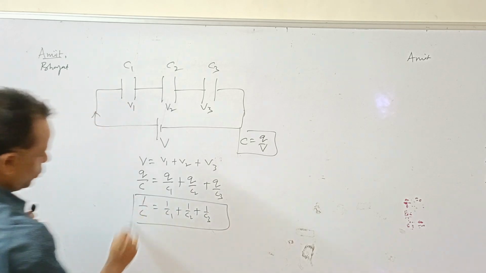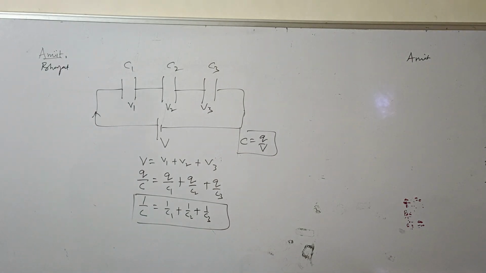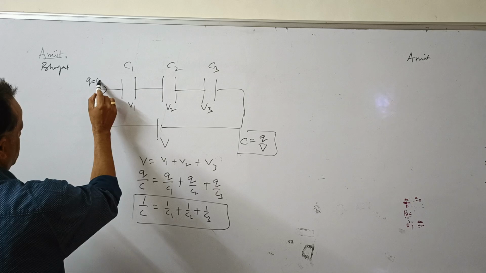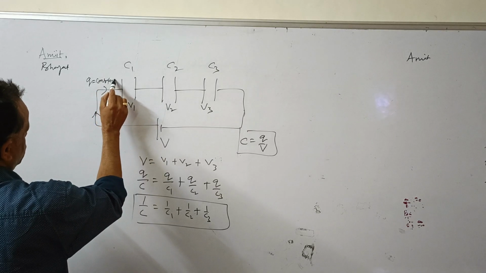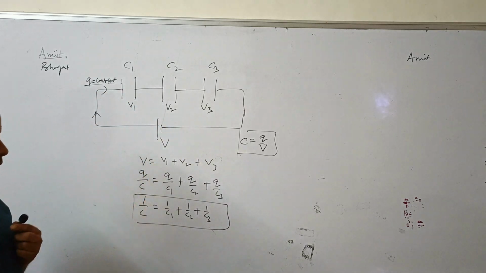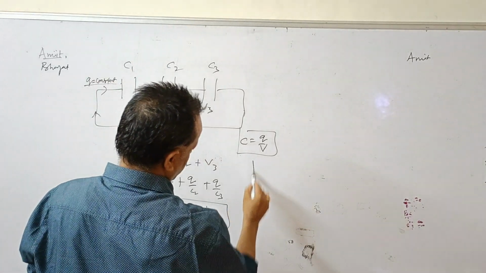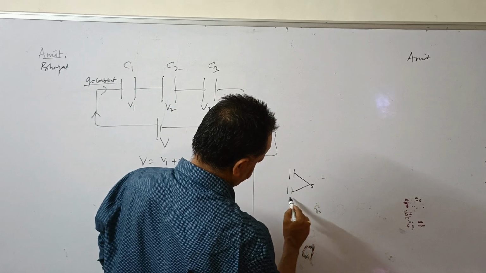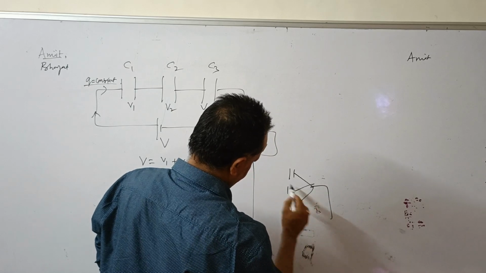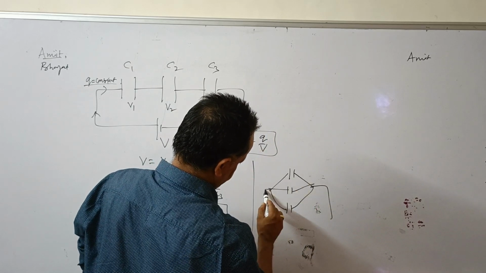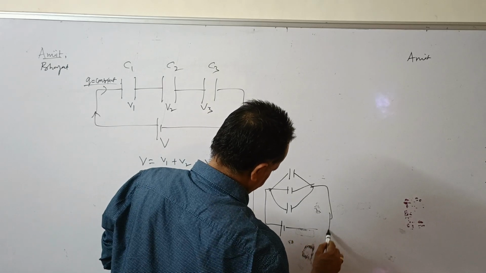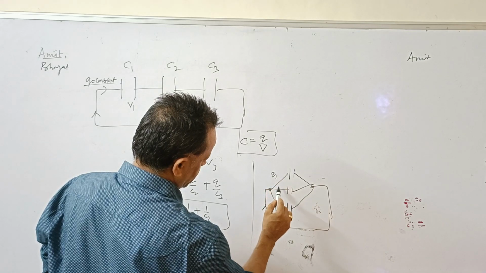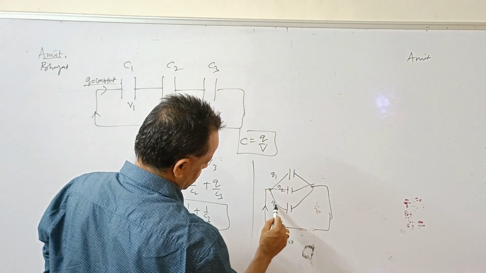In case of capacitors connected in series, the charge is constant. The same charge flows through all the capacitors. But when they are connected in parallel, different charges go through them.